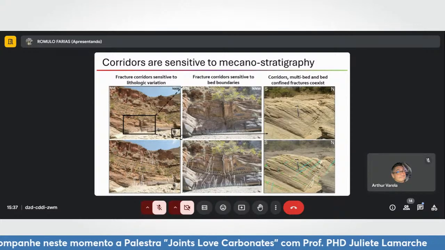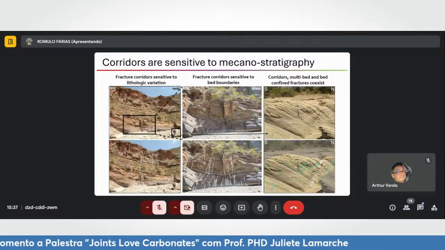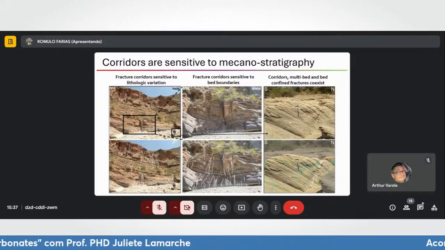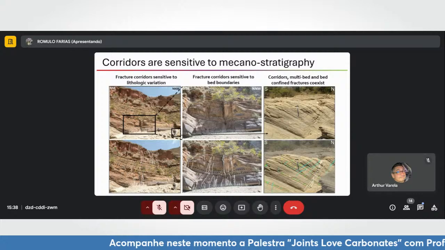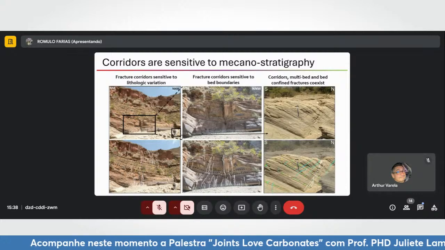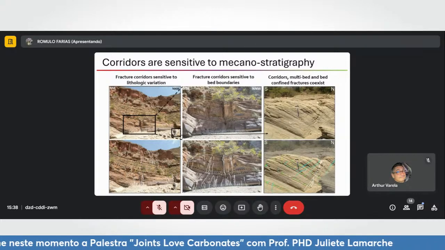We also see that at an even smaller scale, we have at the same location bed-confined fractures, multi-bed fractures, and corridors. So every type of fracture occurs everywhere synchronously, and it looks like there is no specific control on the location.